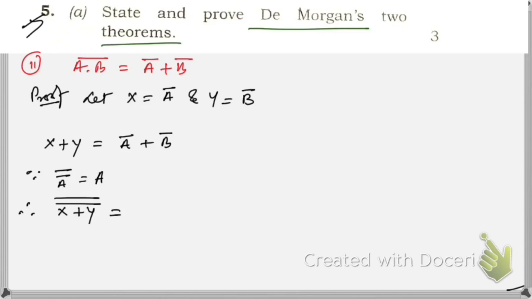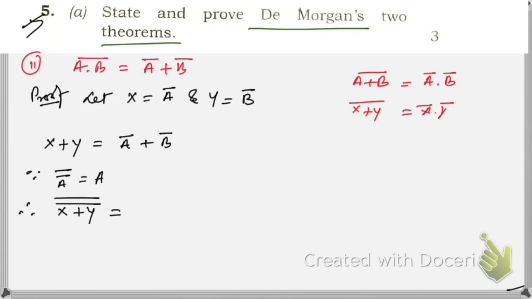So if you do so, according to the first theorem, De Morgan's theorem, that we have already got, (a plus b) complement is a complement dot b complement. So if you apply this here, (x plus y) complement, you can write x complement dot y complement.